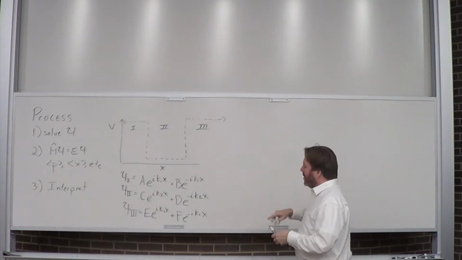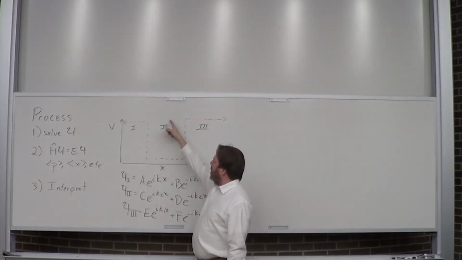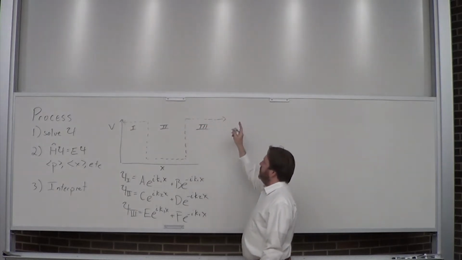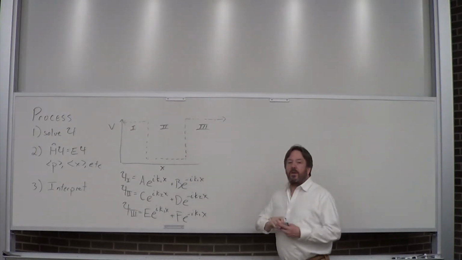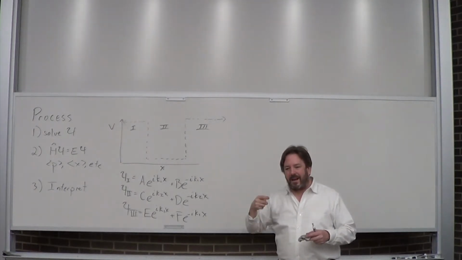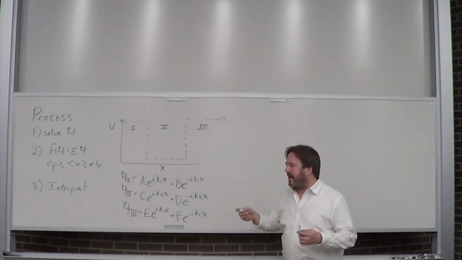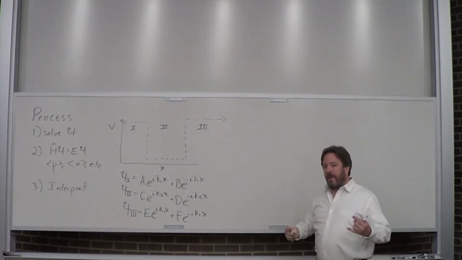Recall when I was talking about the unbound case. I said if the particle in this finite box gets to moving, let's do region 3, if it gets to moving to the right, it'll keep going forever, because if it's going to come backward, it has to have run into something. So there has to be something else out here, but I'm not going to let there be.